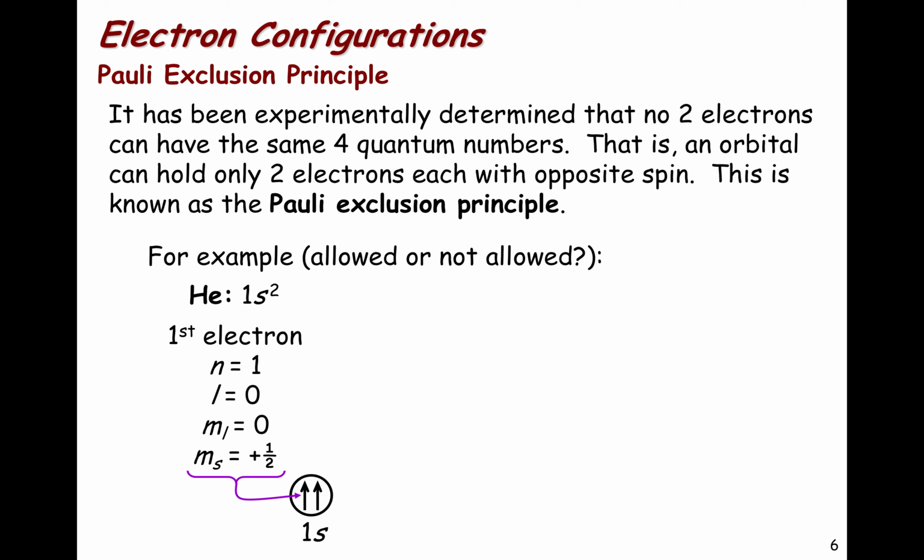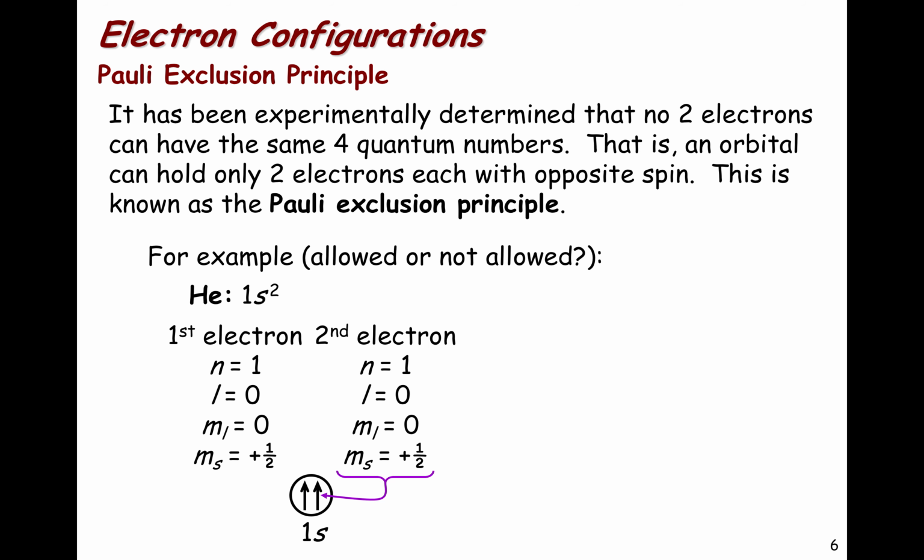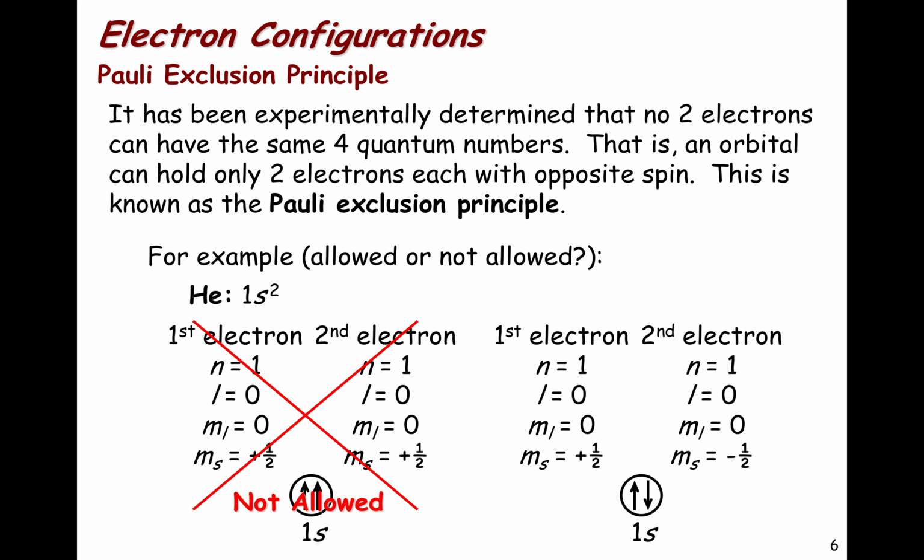So, for one of those electrons, here are your 4 quantum numbers, but if the second electron has all 4 of the quantum numbers the same, that's not allowed. If we then do it so that the electrons have opposite spin, then that is something that is allowed by the Pauli exclusion principle.